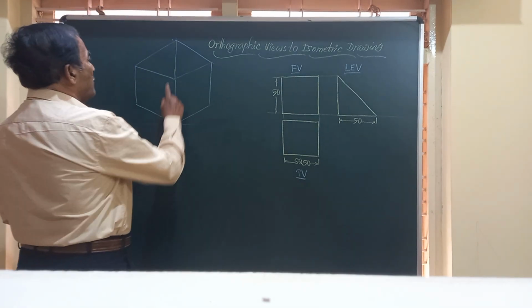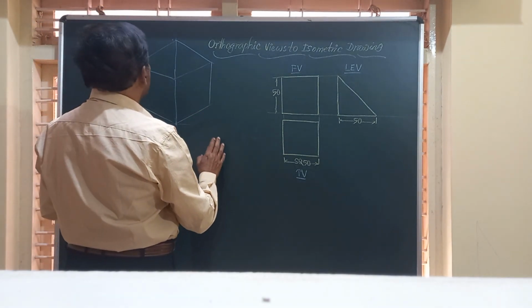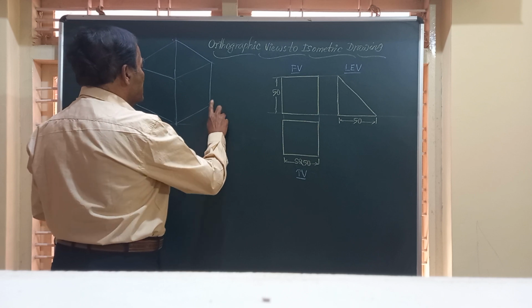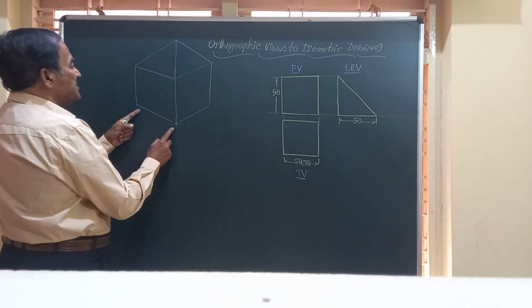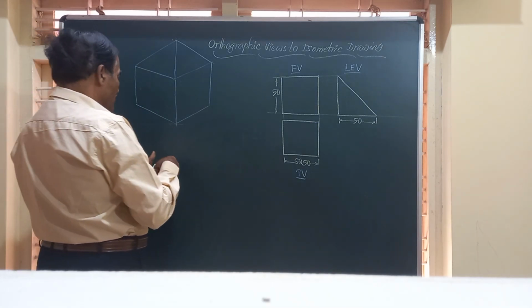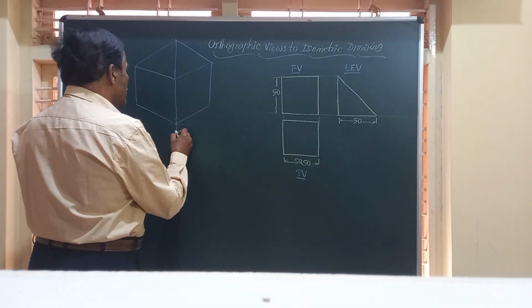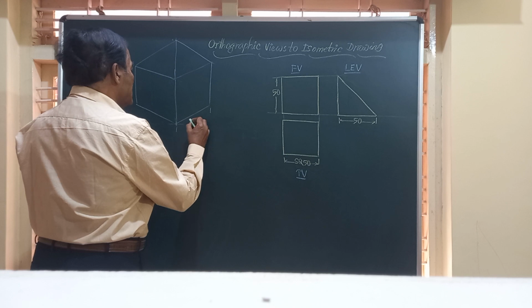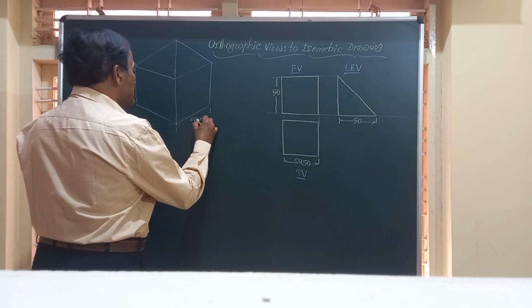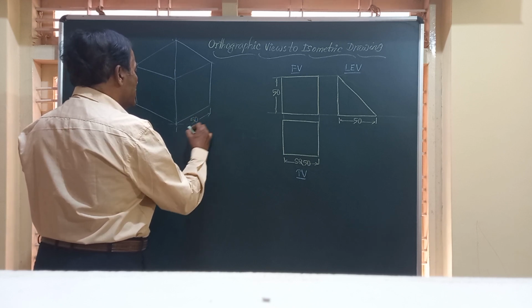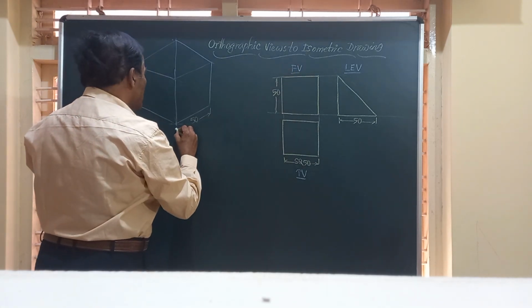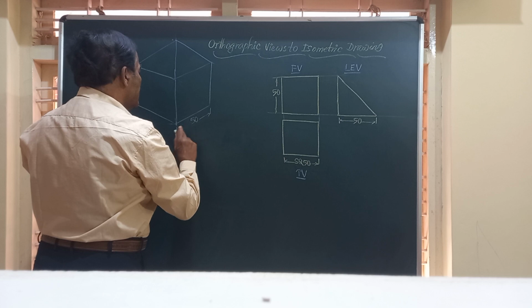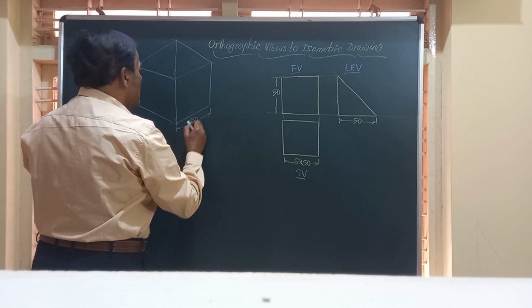So friends, I am going to construct a box here having dimension length 50. So I will say here this is 50, this width is 50, height is also 50. If you want you can show them also here to start with. This is 50 mm. Since this is isometric drawing, orthographic to isometric, we have to take the actual dimensions of the solid.